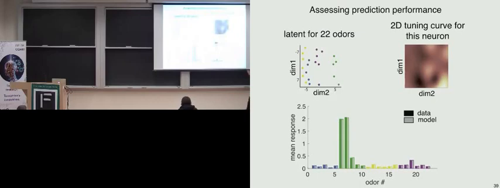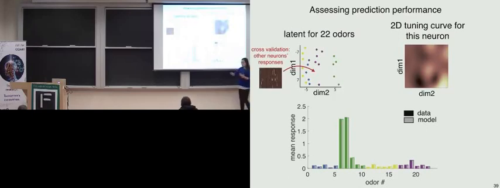Furthermore, we can use the model to predict the neural response for unseen test odors. So the neuron hasn't seen this odor, it just tries to predict the neural response. The way we do that is using something called cross-validation, a cross-validation method in unsupervised learning, which is called co-smoothing in our model.